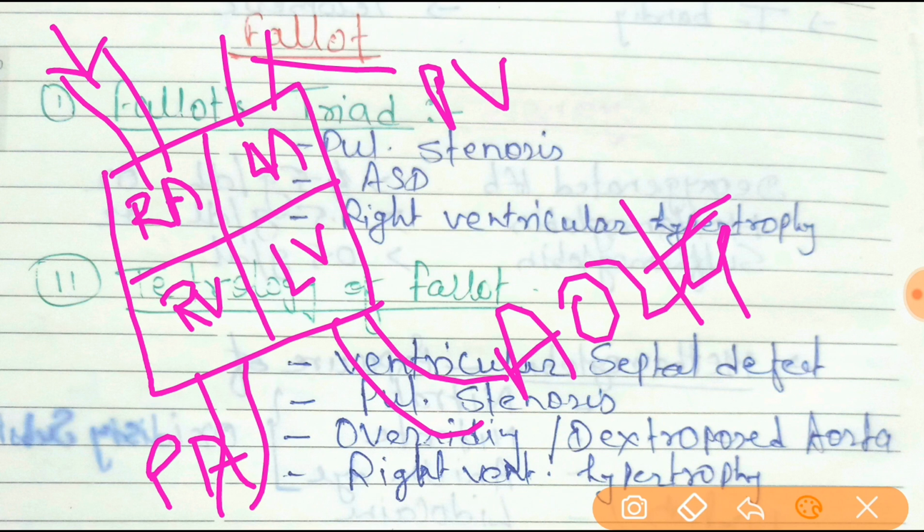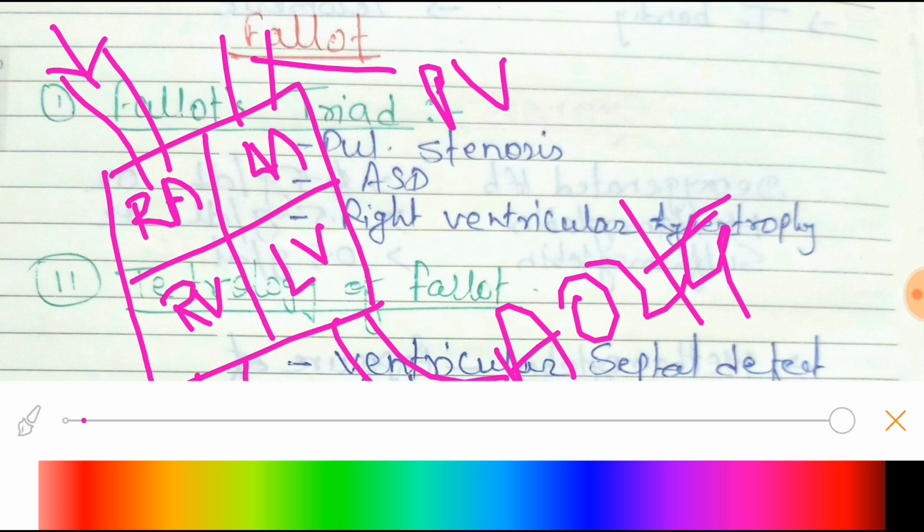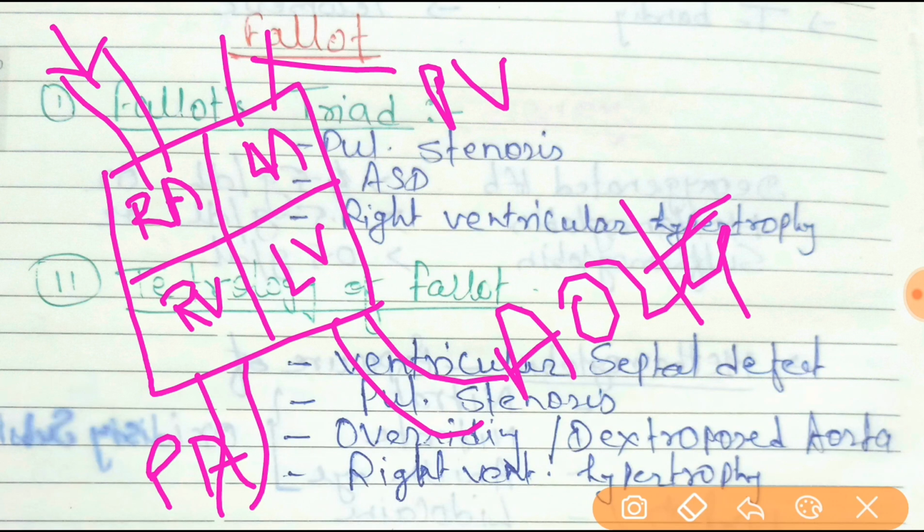In that you have to draw here. First, there is pulmonary stenosis, so you can easily retain it, a defect in the pulmonary artery. Pulmonary stenosis takes place here. Okay, second one is atrial septal defect, ASD, that means defects are there.